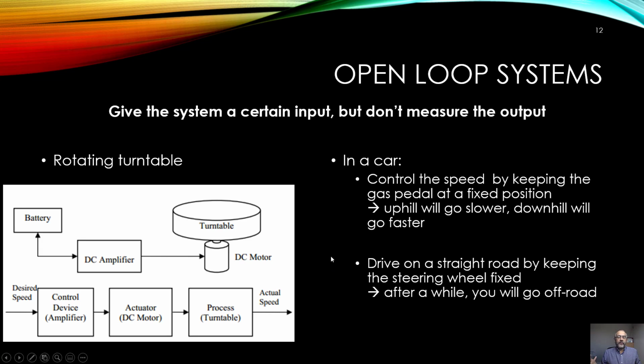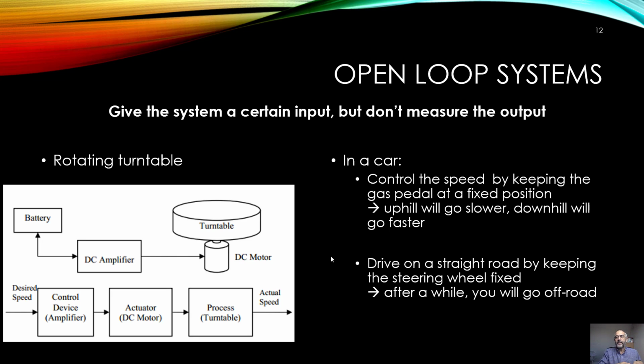In a car, you keep your gas pedal at a certain position, and then if nothing else happens, your car will have a more or less stable speed. But not always, as you know. You could have the wind against you or with you, so you go far slower or faster.